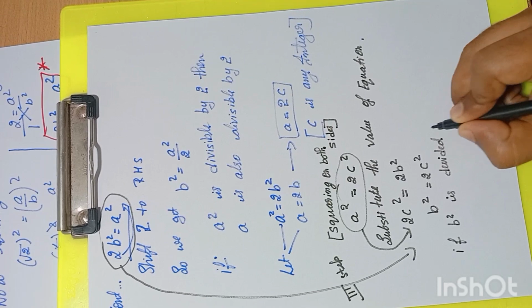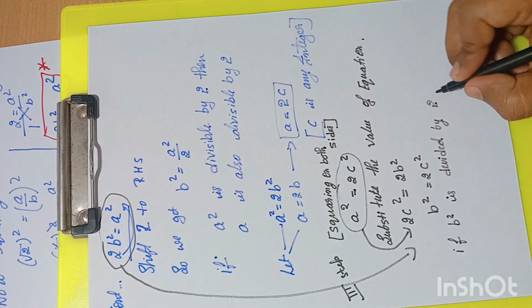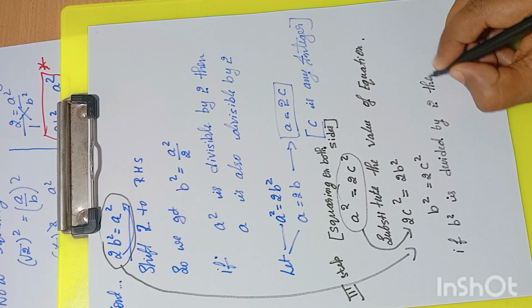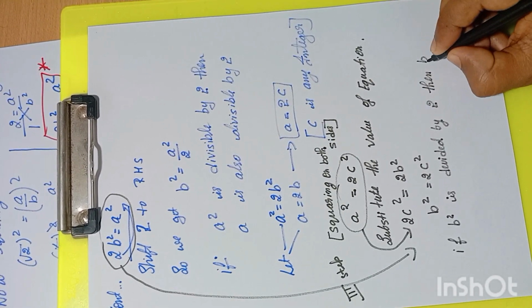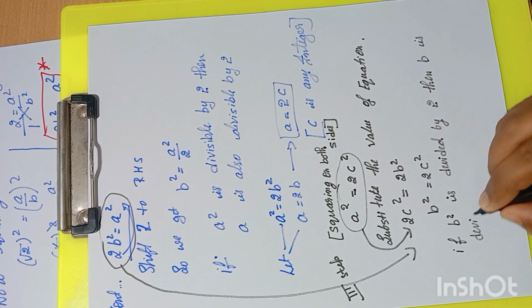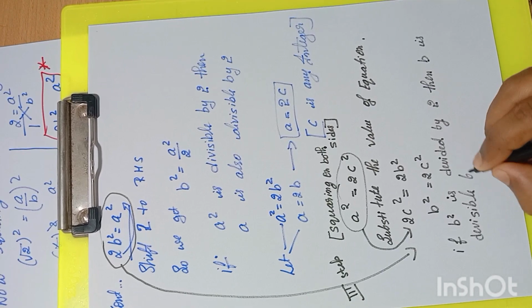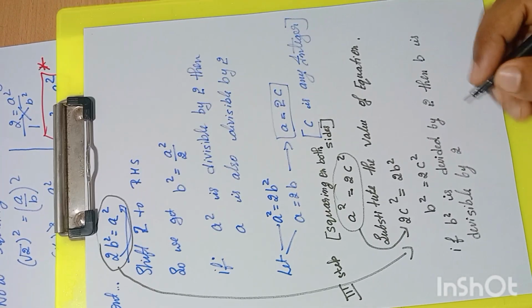b square is equal to 2c square. If b square is divisible by 2, then shift this 2 to that side, so you will get b square divided by 2. Then b is divisible by 2.